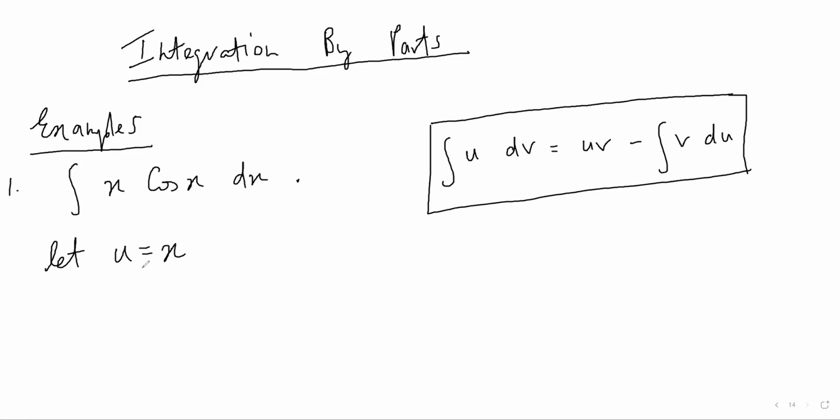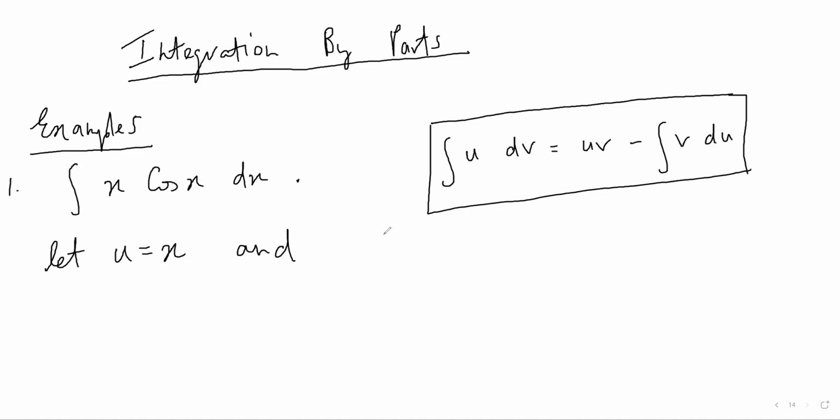For example, in this case, I'm going to let u be equal to x. You've got x times cos x, so you let u be equal to one of them, and I choose x.